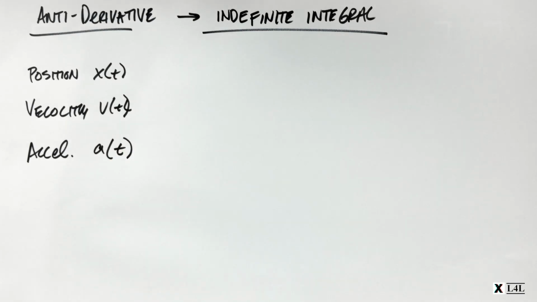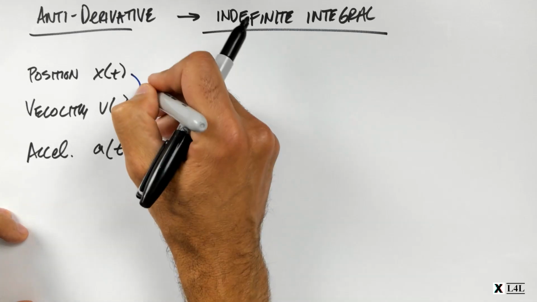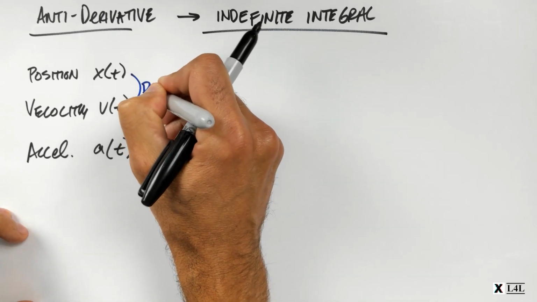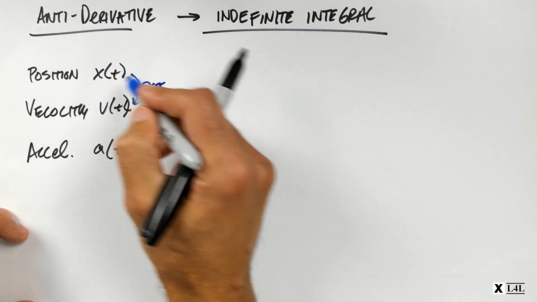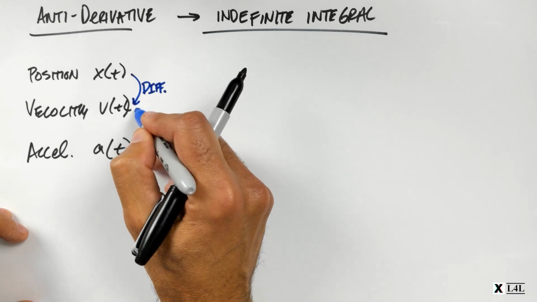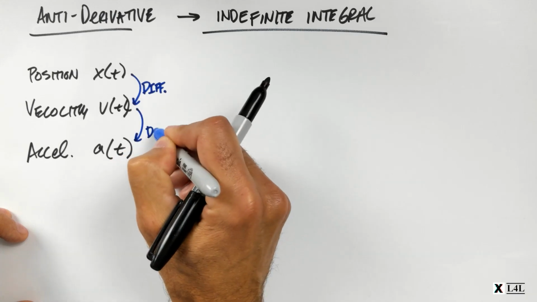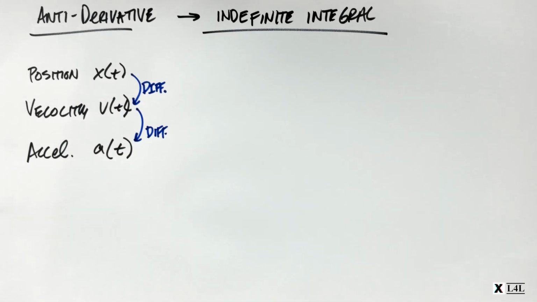Now, we should know and understand that if I want to take the derivative, so I'm going to differentiate, from the position to the velocity function. If I then differentiate the velocity function, it's going to give me the acceleration function.